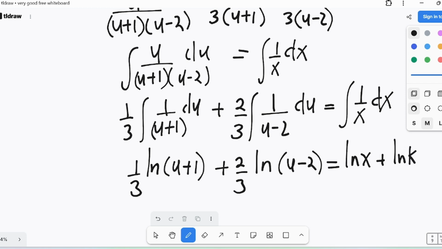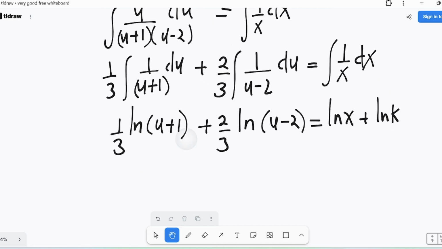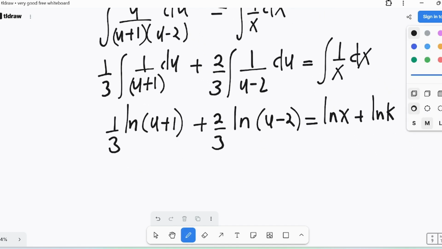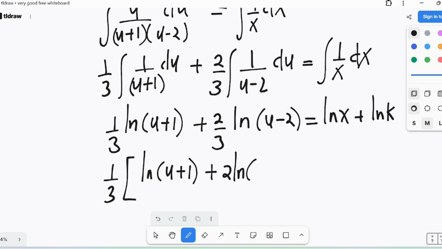Ln k is simply the c. Now pulling out a common factor, which is a third, we shall have a third into ln of u plus 1 plus 2 ln of u minus 2 is equal to ln of kx.